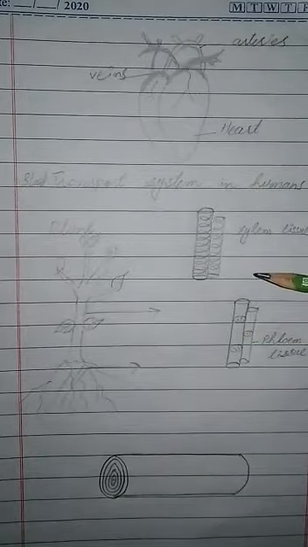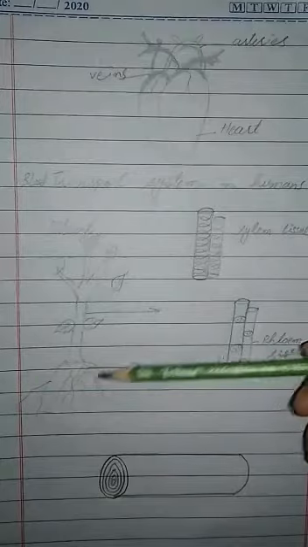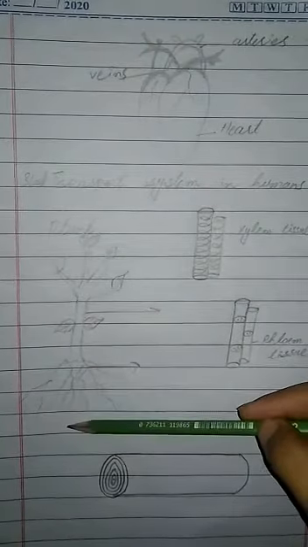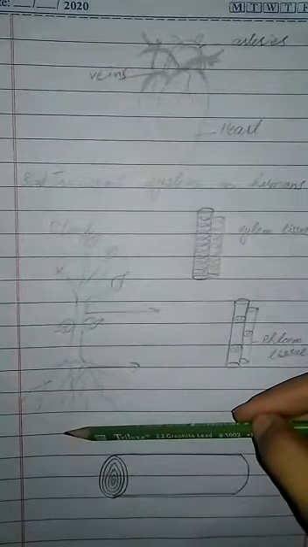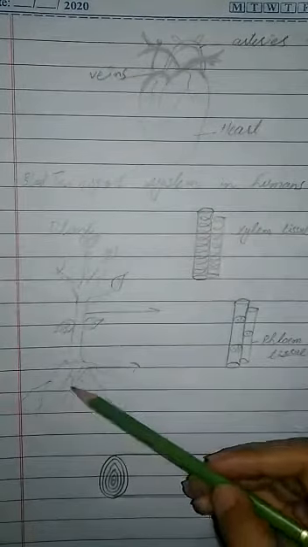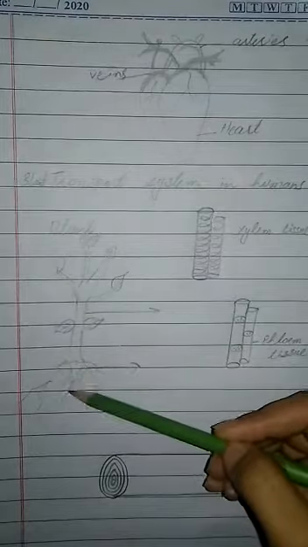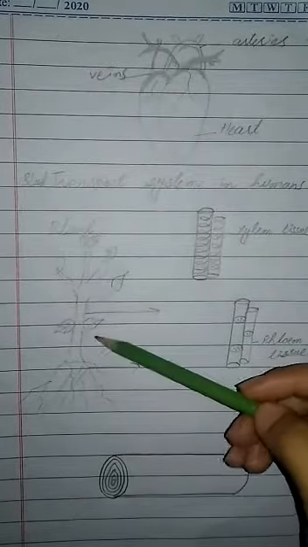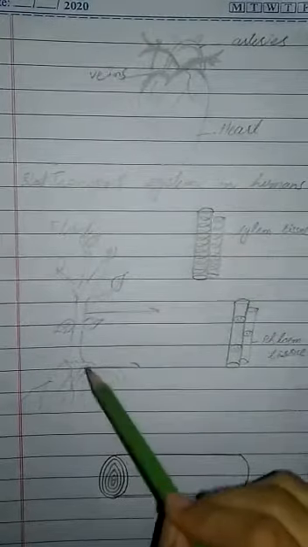Students, you know very well that plants need water and minerals, so roots absorb this water from the soil. Next, this water reaches different parts of the plant. This water is carried by these xylem tubes.